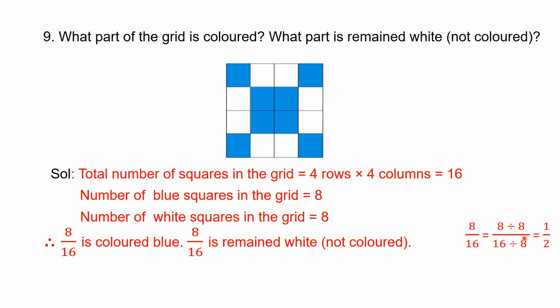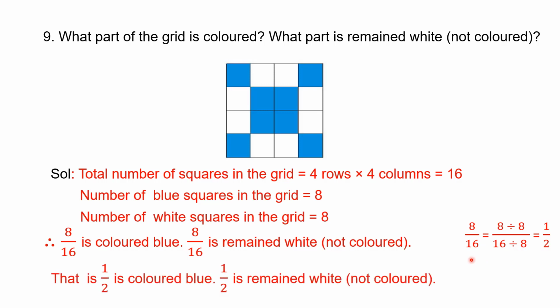Here we are dividing by 8. 8 is divided by 8, 16 is divided by 8. 8 divided by 8 is 1. 16 divided by 8 is 2. So we can say that half is colored blue and half is remained white.